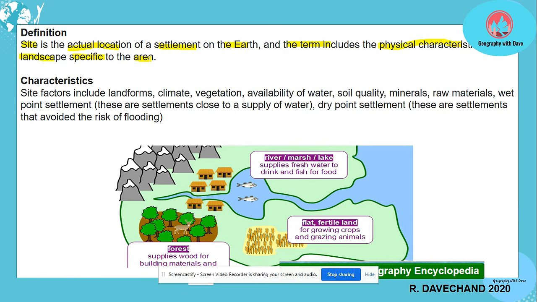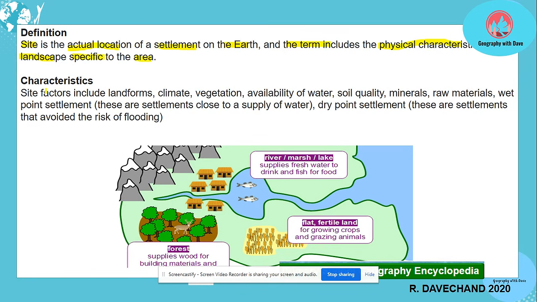So it actually deals with where the settlement actually is and what made the settlement be there. All right, like if it's a farming settlement, you will look at various things such as fertile soil, etc. So it's the actual location, and it includes the physical characteristics of that specific area.